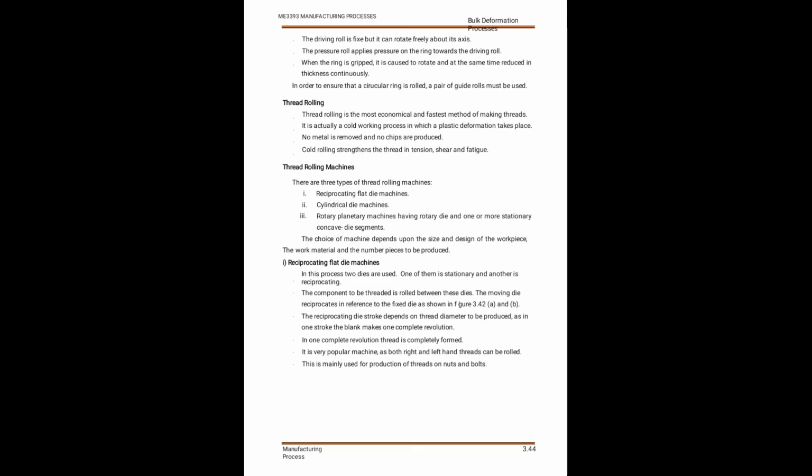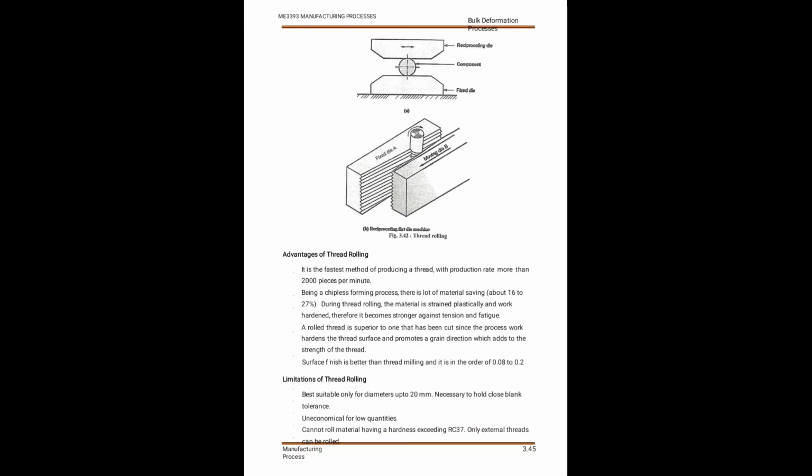In the reciprocating flat die machine type, two dies are used, one of them stationary and the other reciprocating. The component to be threaded is rolled between these dies. The moving die reciprocates with respect to the fixed die, like in the diagram.